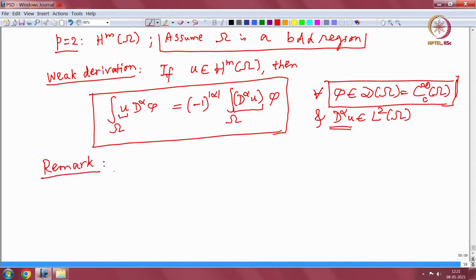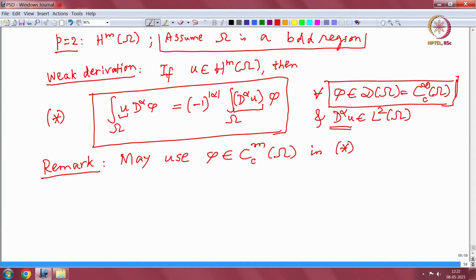Let me call this star. We may use φ only finitely many times in star, and this observation is required for future purposes.